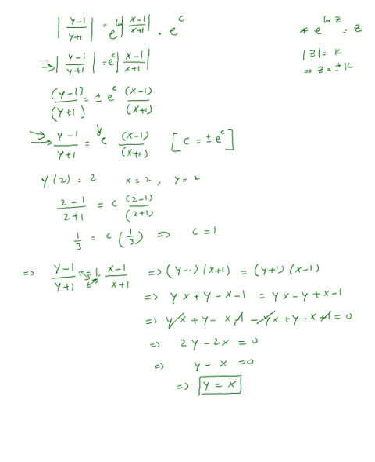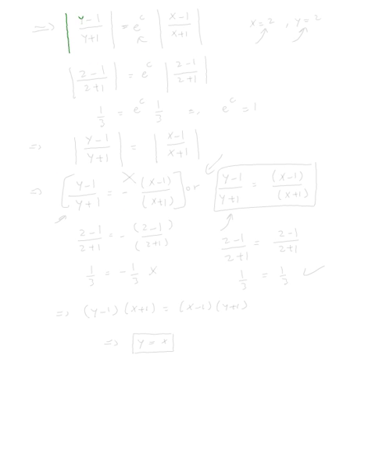What's going to happen? Let me write this equation on the back. So absolute value of y minus 1 over y plus 1 is equal to e to the c times absolute value of x minus 1 over x plus 1, right?